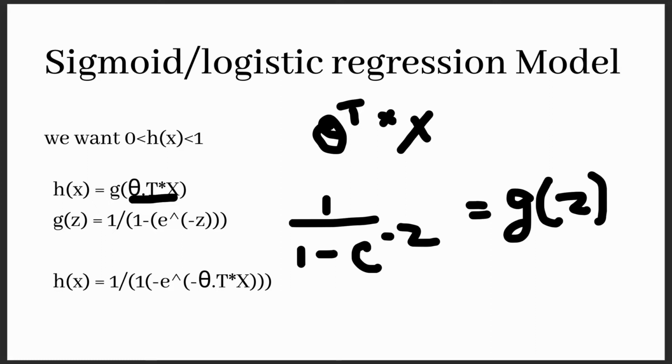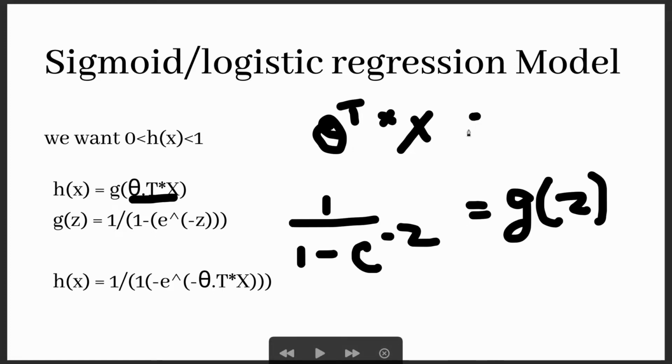But if theta is also a column and x is also a column, it will not be possible to multiply them. There are some rules for multiplication, which I have taught in my previous videos on multiplication and matrices, so you can check them out if you haven't.